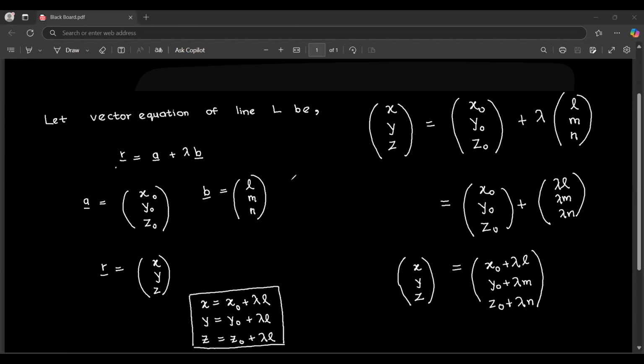I hope you understood. I will give an example so that you can practice this to understand more clearly. Now let's see an example.